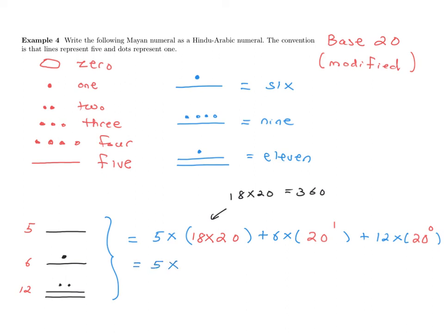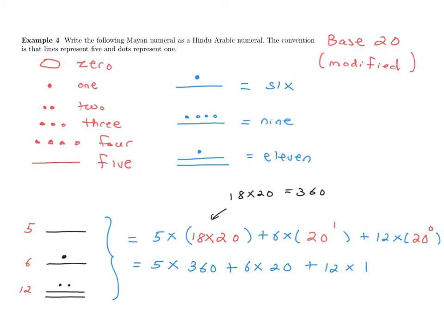This is 5 times, well, 18 times 20 is 360. I don't really need the parentheses anymore. I'll just put 360. Then it's plus 6 times 20 to the first, which is 6 times 20, then plus 12 times 20 to the 0, which is 12 times 1.